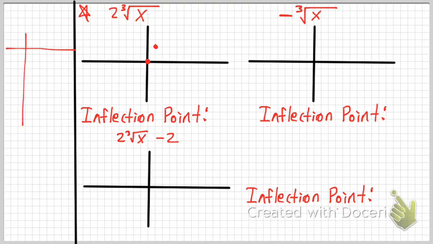Let me just write a little table. So we have our x, we have our cube root x, and now we have 2 cube root of x. All right, so I'm taking each of these inputs and I'm putting them into the cube root of x, and then I'm multiplying those by 2. So this becomes -2, this is -1, 0, 1, and 2.